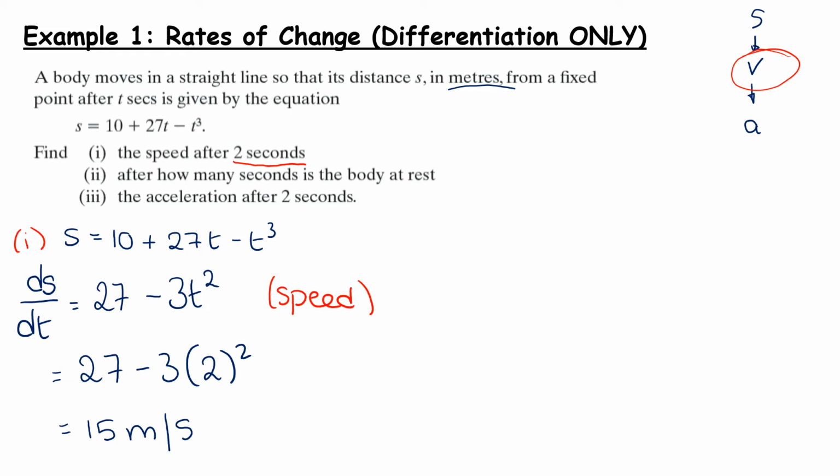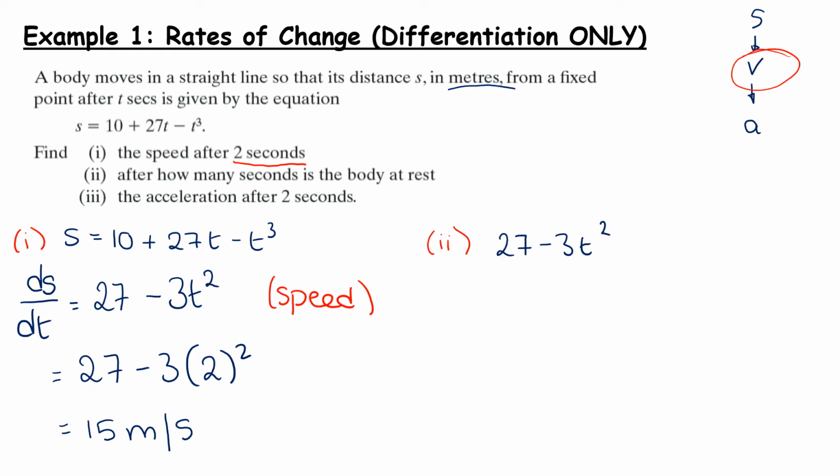The second part of this question then says, after how many seconds is the body at rest? So rest means there is no speed. So basically, I have my formula for speed, which I noted clearly in part I. I would strongly recommend that you do that in a question, because if there's multiple parts, coming back to a previous part to find your answer, you're in an exam, you're stressed, you're trying to find it.